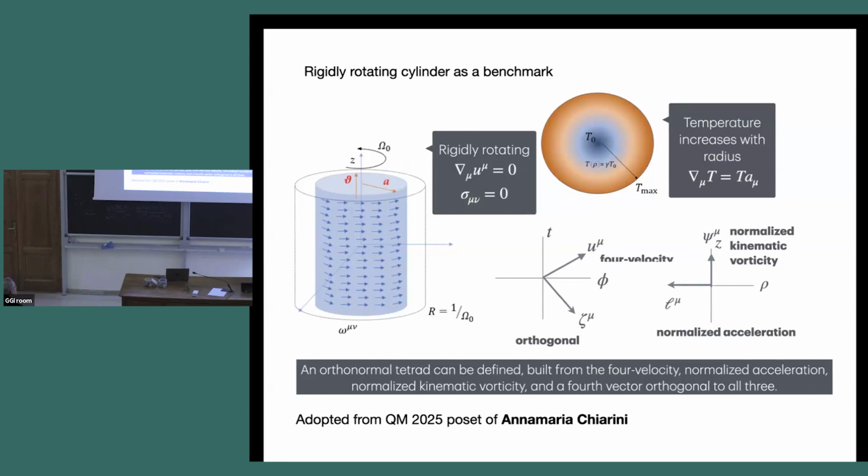A lot of problems, but this is some funny kind of toy model. It's a rigidly rotating cylinder, and there is no expansion, there is no shear, but there is rotation and acceleration. But the funny part is that it is hot outside and cold inside.